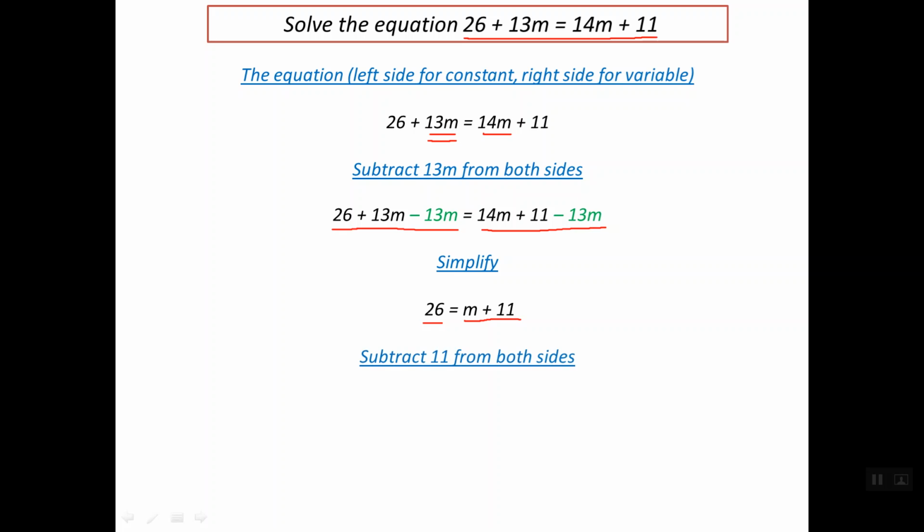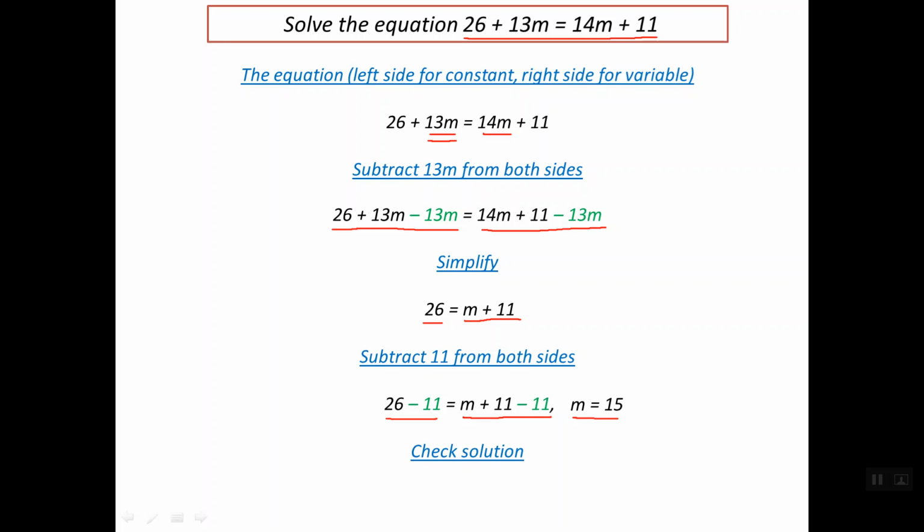So simply we can keep the variable alone by subtracting 11 from both sides of the equation. So the left side becomes 26 minus 11 and the right side becomes m plus 11 minus 11. So you can simplify, and you'll get that the value of m is equal to 15.